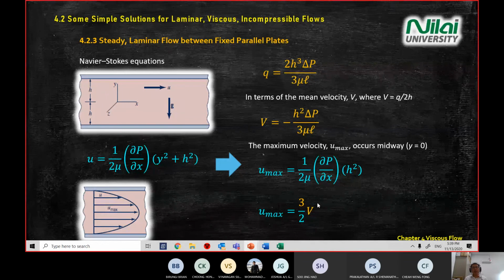So when it comes to the final exam, we may test whether you understand what happens if the end user changes the configuration of the pipe from circular pipes to fixed parallel plates. What happens to the Umax? You need to be able to relate to these two slides. For fixed parallel plates, Umax is a ratio of 1.5V.